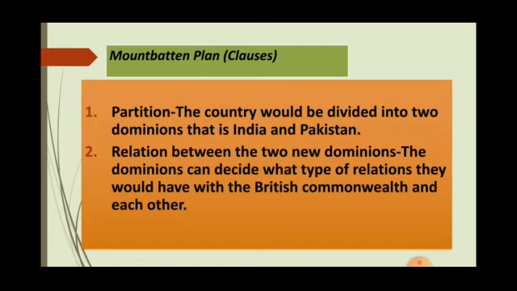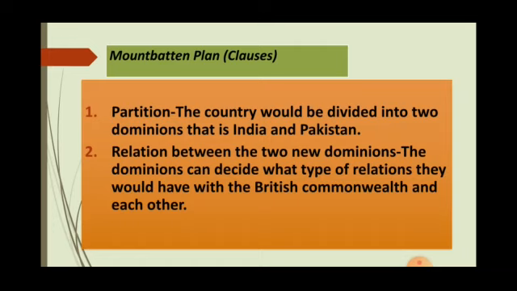Following are the important provisions, the important clauses of Mountbatten Plan. The first one, partition. According to the Mountbatten Plan, the country would be divided into two dominions, that is, India and Pakistan. The second one, relation between the two new dominions.